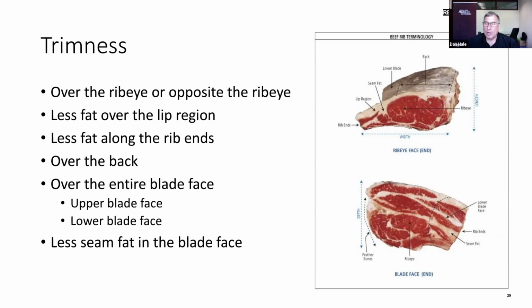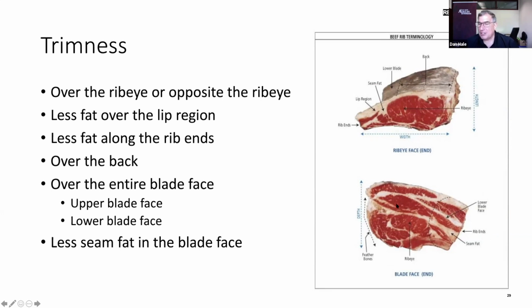Once we determine the quality grade, we're going to look at trimness, not just over the ribeye, but we want to look at the fatness over the entire cut. We do have this other face, which really helps us because it's kind of a window. If we look at both ends and they're fatter at both ends, generally it's going to be fatter throughout the cut.